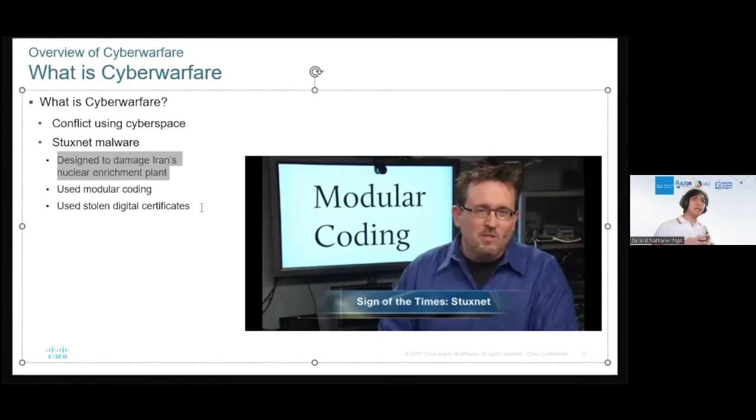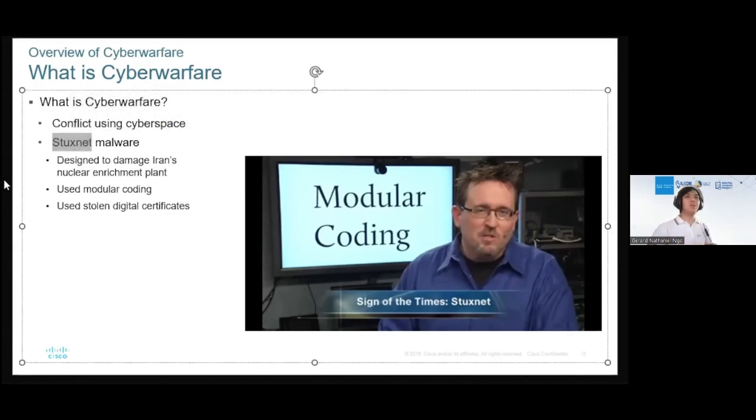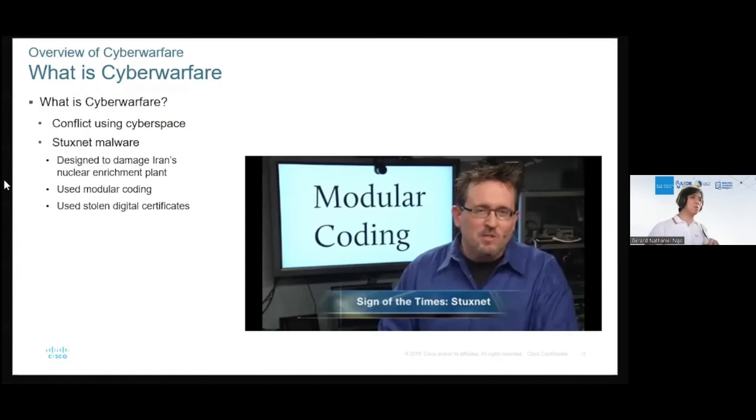Because most of the time, for government systems or critical systems, just as an example, Iran's nuclear enrichment plant is connected to the internet. And so it was literally available publicly on the internet for you to attack, and this malware was lucky enough to be able to breach that plant.